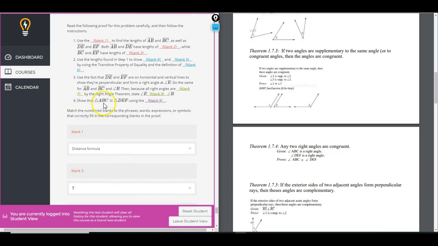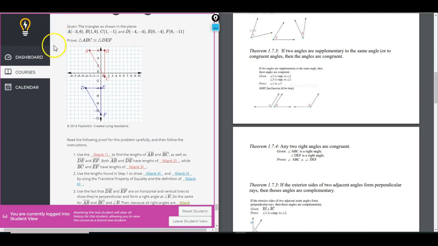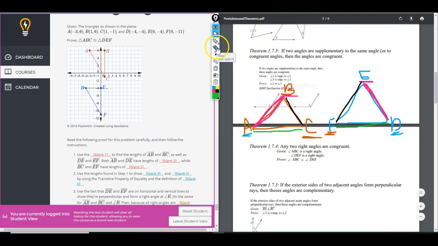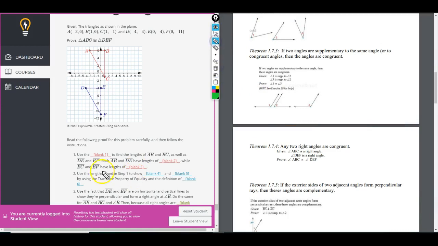So now show that triangle ABC is congruent to triangle DEF using the blank. So what did we prove, or what did we use to prove? Again, if you go back through that, they're saying segment AB is congruent to segment DE since they have the same length. There's a side. Then they were also saying that segment BC is the same length as segment EF, so we have corresponding sides, two sides.